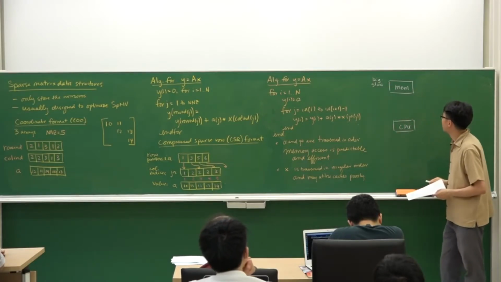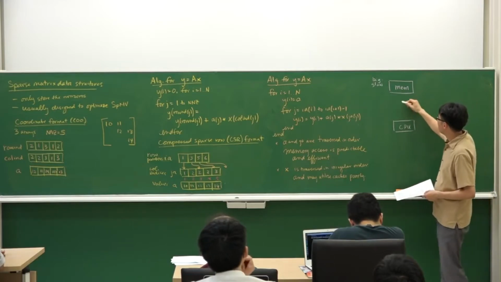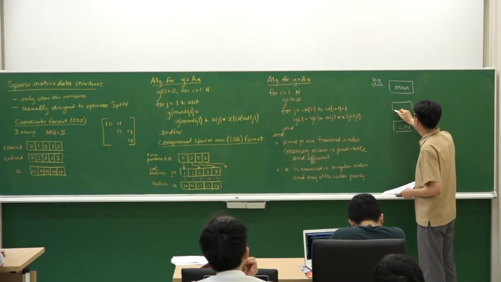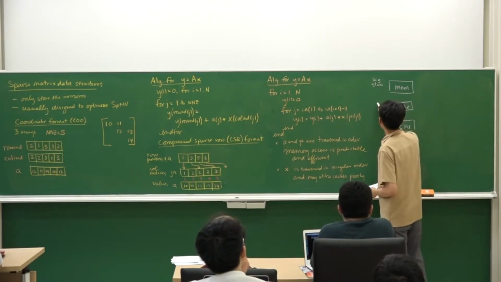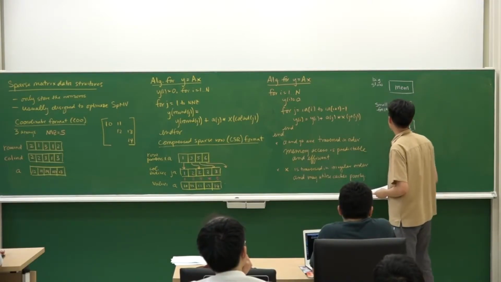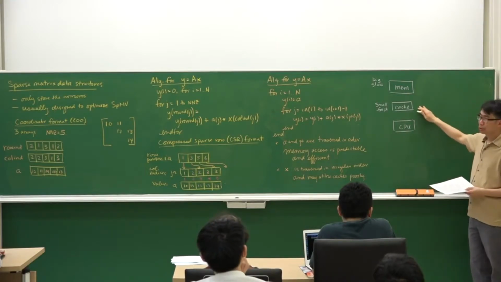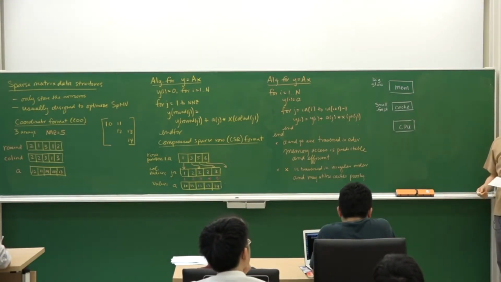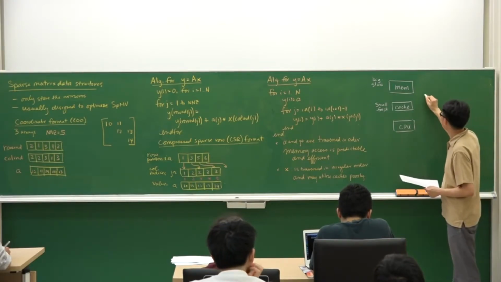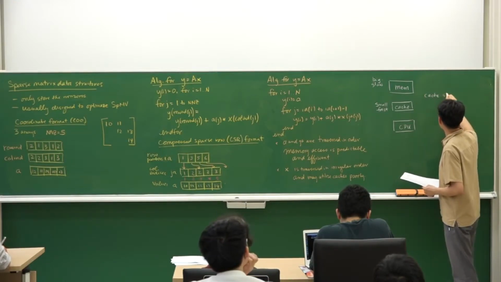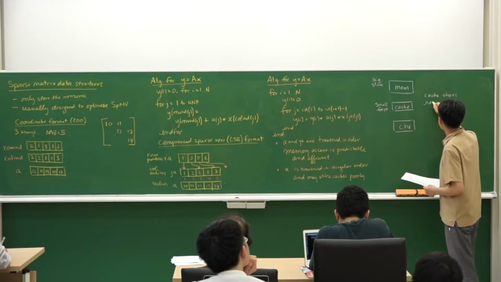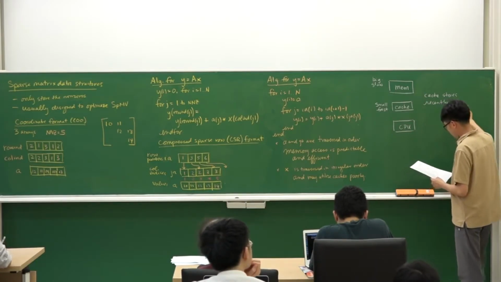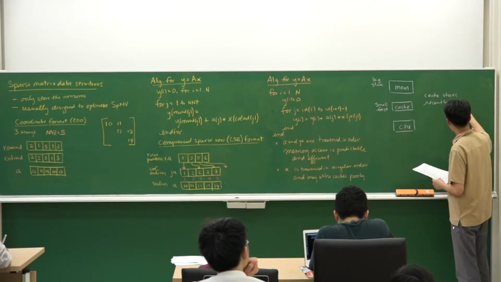So in between, there is something called a cache, which is also memory. It is typically small, but it is fast. And the cache is designed to hold data that was recently used. Okay, so the cache stores recently used data.